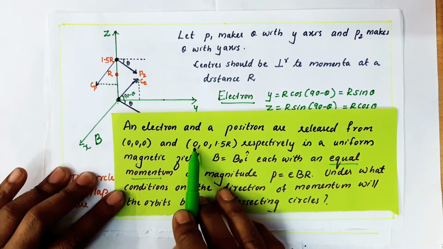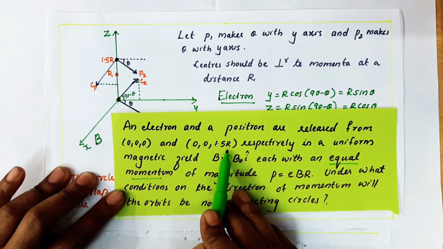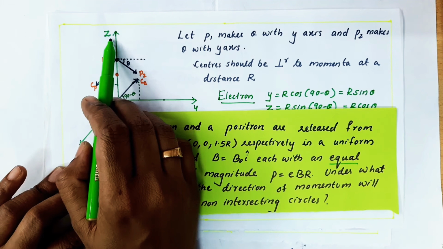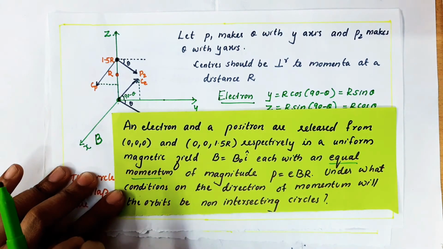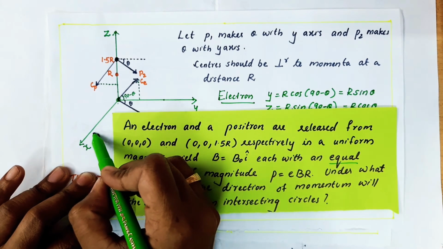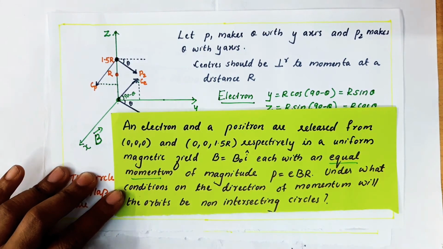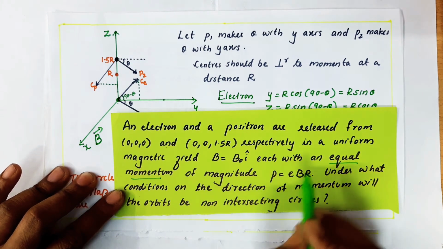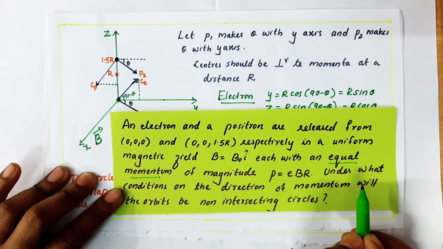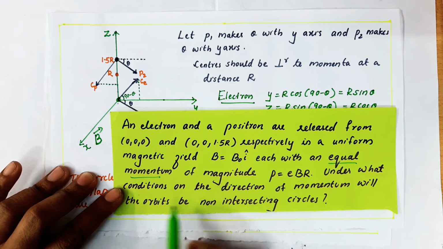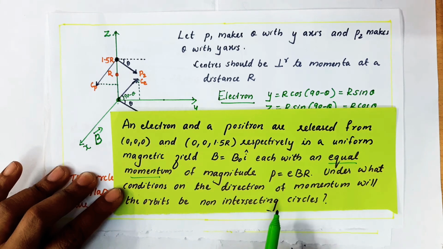Where is the positron? At (0,0,1.5R). So I mark the z-axis here, and the positron I kept here. The magnetic field is along this axis. The most important hint in this question is that they are of equal momentum. Then, under what condition on the direction of momentum will the orbits be non-intersecting circles?